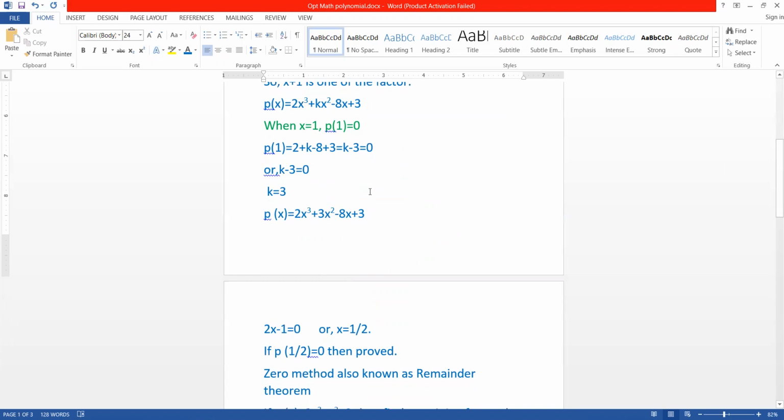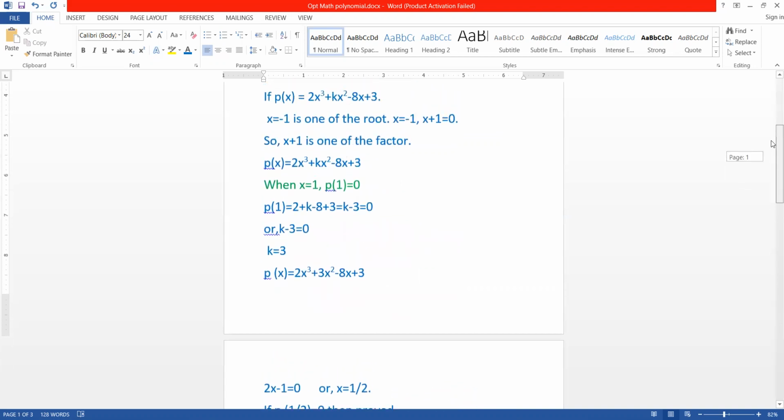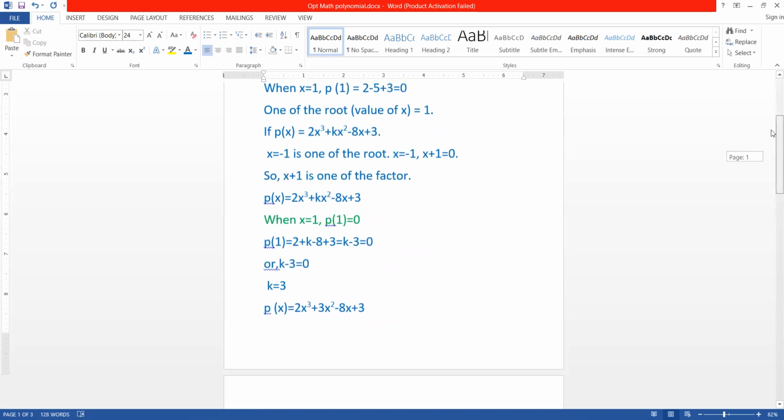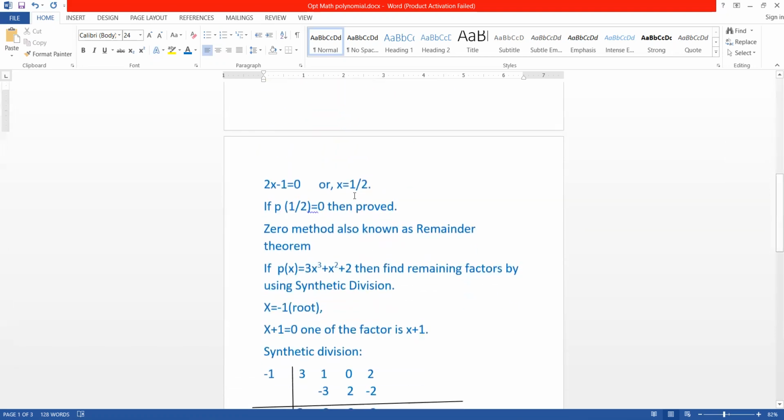And we know that 2x minus 1 equals 0 is the given condition, and we came to know x equals 1 by 2. To check whether it is one of the factors or not, when 2x minus 1 is a factor, we equate it to 0 and we get x equals 1 by 2.